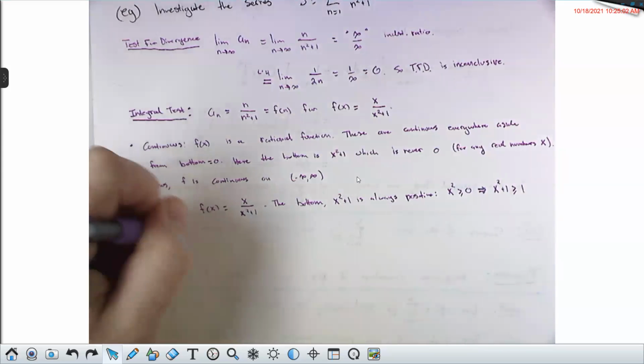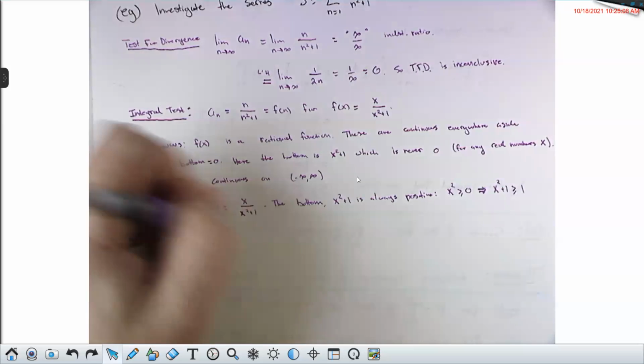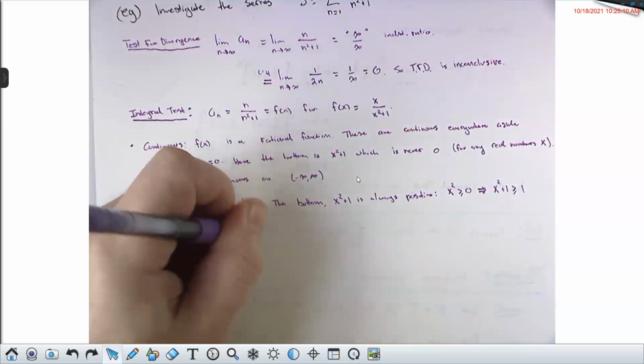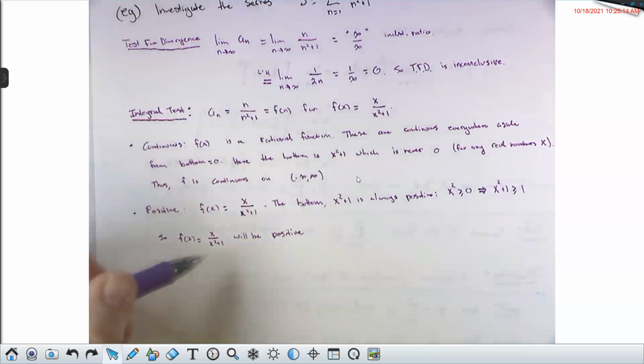So f of x equal x over x squared plus 1 will be positive. If you have a fraction where the downstairs is always positive, then the whole fraction will be positive if and only if the top is positive.